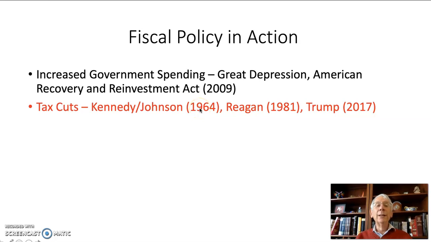The first time we ever did that in the United States, it was proposed by President Kennedy. He didn't live to see that enacted. President Johnson got it through in 1964. Taxes were cut so that consumers would consume more, businesses would invest more, and it stimulated the economy. Unemployment went from about 6.5% down to 3.5%.